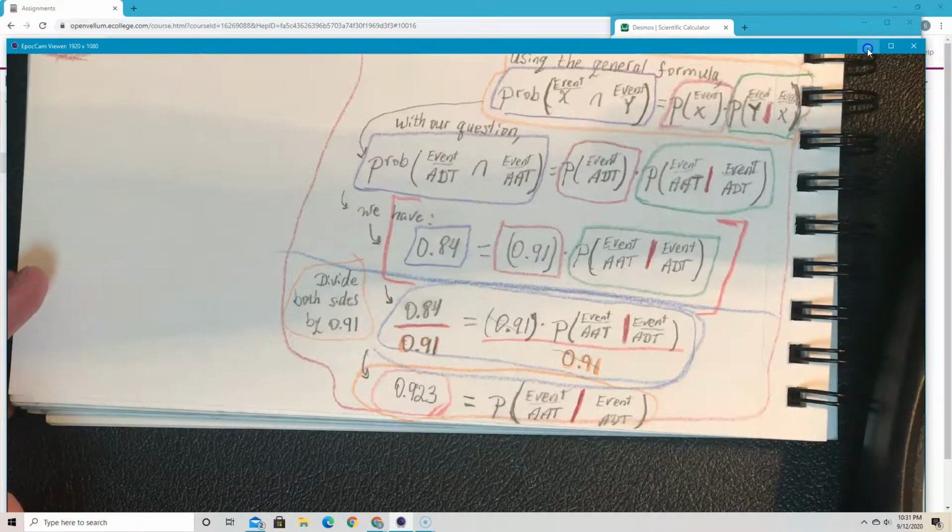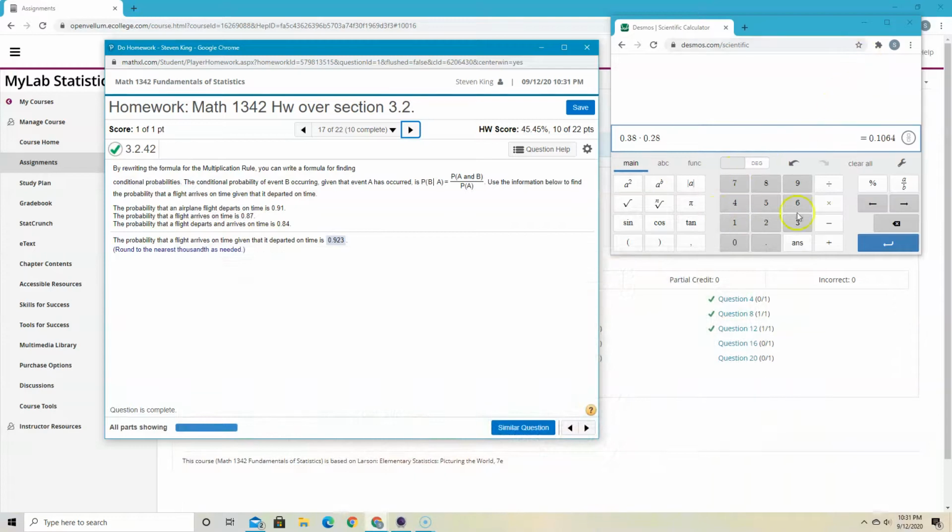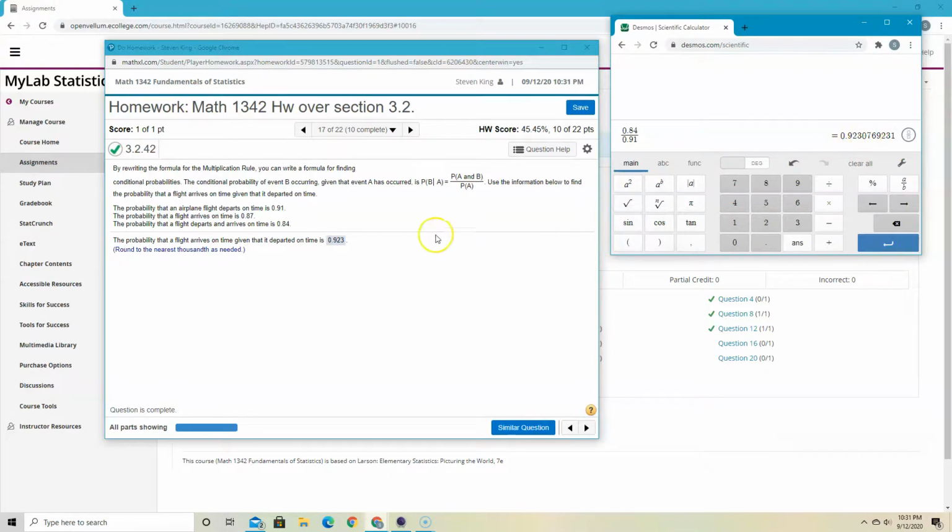So 0.84 divided by 0.91 is 0.923. The next digit's a 0, so we keep it at 0.923.